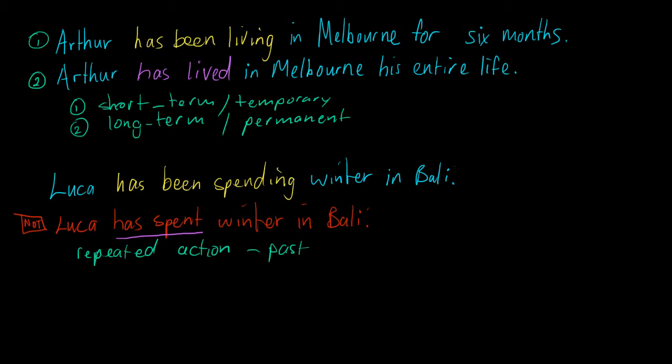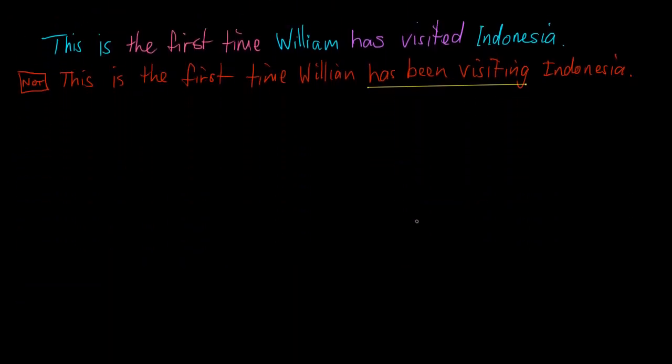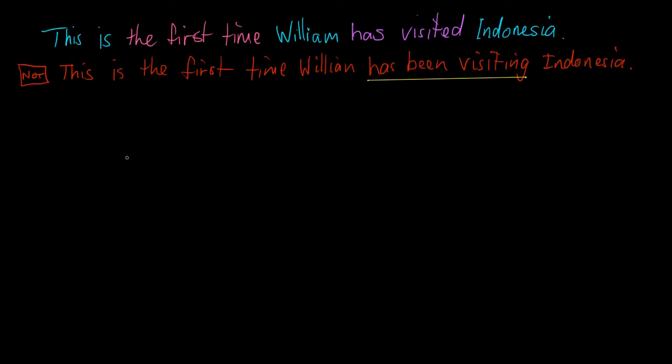Okay, let's go to another example. So here we go. This is the first time William has visited Indonesia. We could not have used "this is the first time William has been visiting Indonesia." The reason that we can't do this is because of what I've written in pink here, the first time.